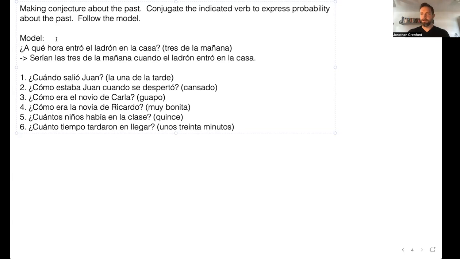Or in other words, what time was it when the thief came in the house? And the answer is going to be 3 de la mañana. And so you have to answer it in a complete sentence using a part of the question in your answer, and then it gives you the answer in parentheses.